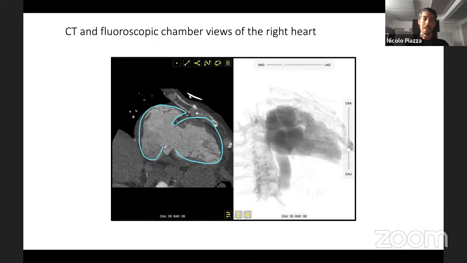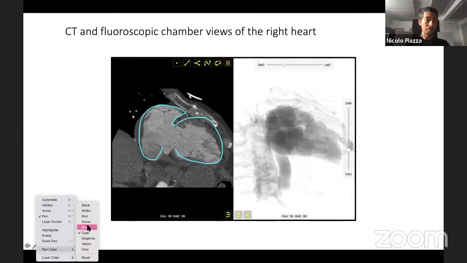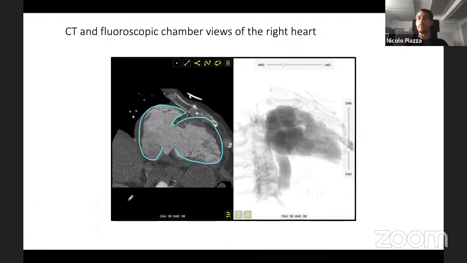Okay? And so the orientation of the appendage and the RV in a two-chamber left and a two-chamber right is almost very similar. I just want to pinpoint a particular structure because it's going to become important in the next 2 or 3 slides. It's this right here.